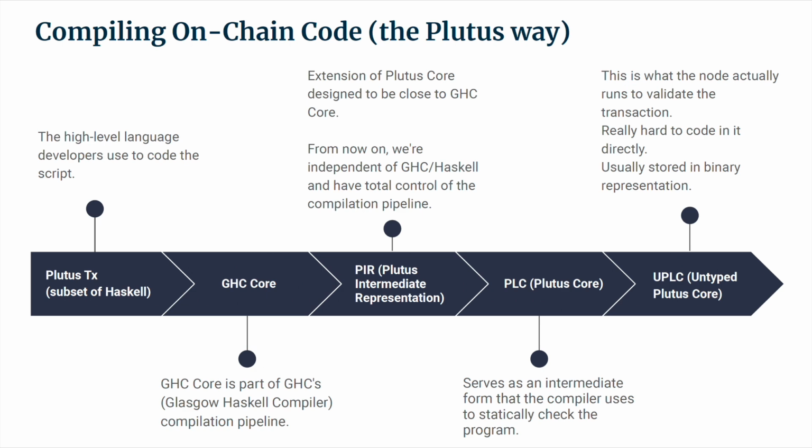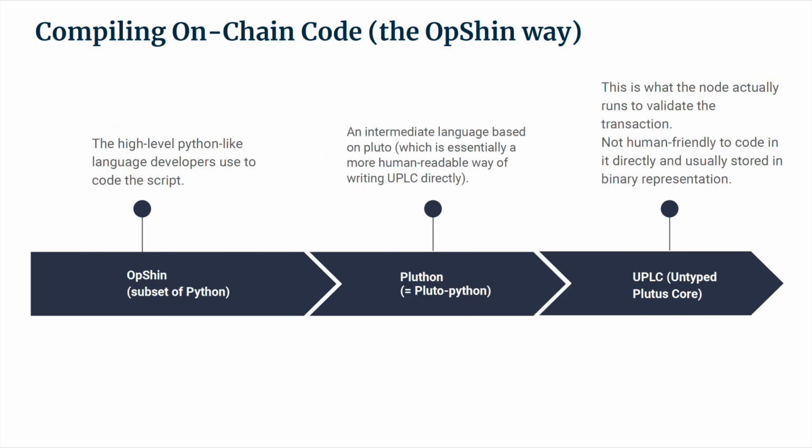Okay, so we see these 5 steps. So now if we look at how it's done in OpShin, it's actually a bit simpler. So here the high-level language is not Haskell, but Python, or a subset of Python, as we have seen. And of course, we still want to end up with UPLC, the untyped Plutus core, because this is what the nodes can actually run in the end.